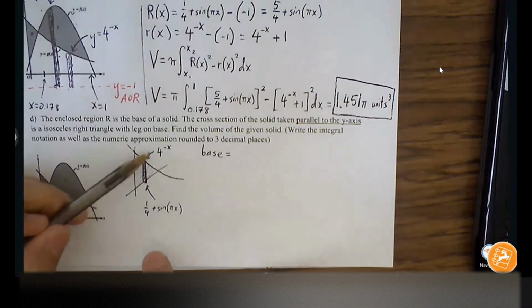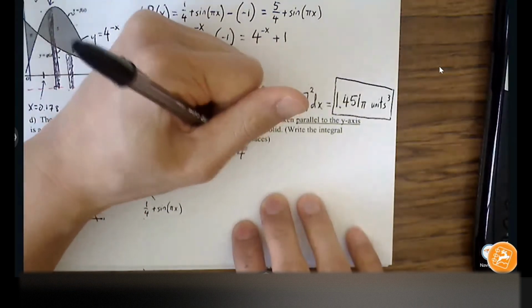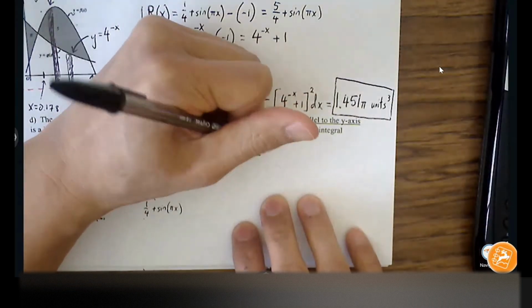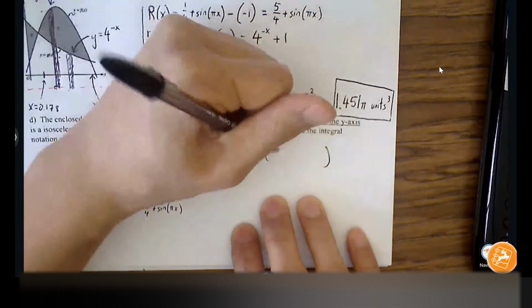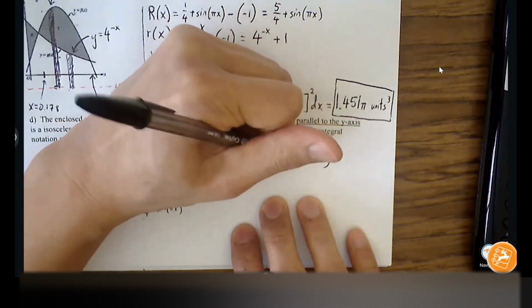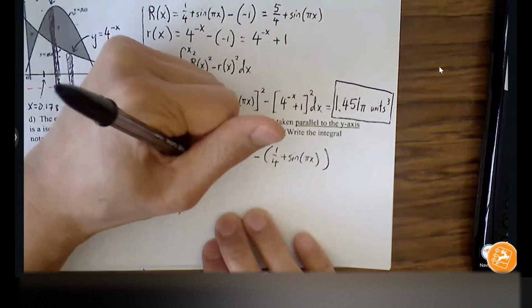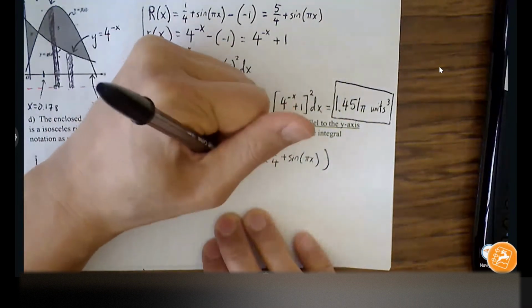Top minus bottom, 4 to negative x minus this whole expression, in big parentheses.